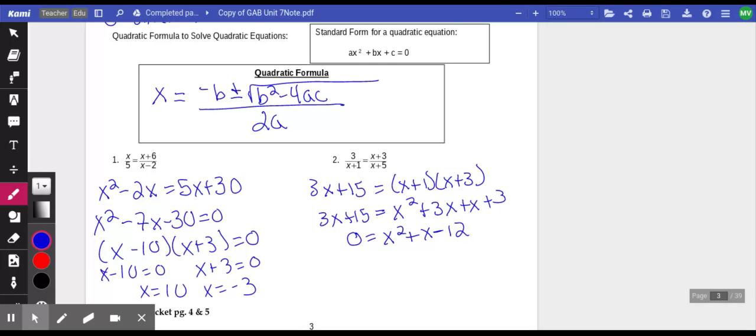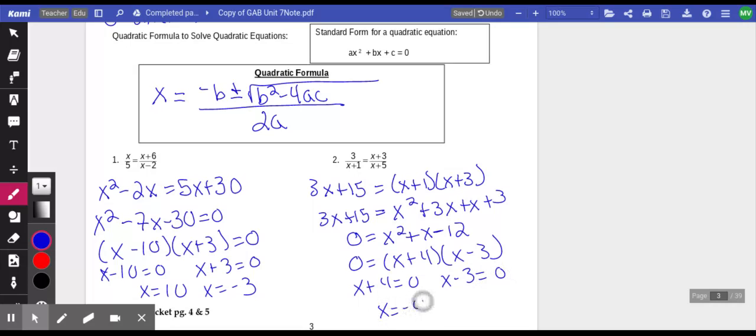Here again, I want numbers that multiply to be negative 12 and add to be 1. That would be 4 and negative 3. So it's x plus 4, x minus 3. So x plus 4 equals 0, x minus 3 equals 0. So x equals negative 4, x equals 3.